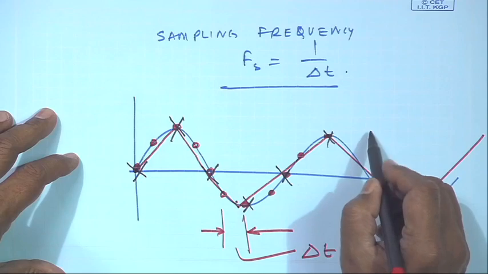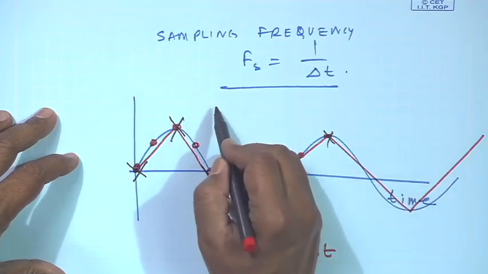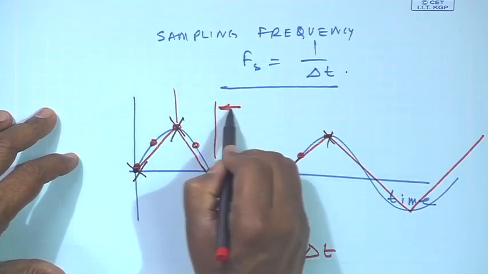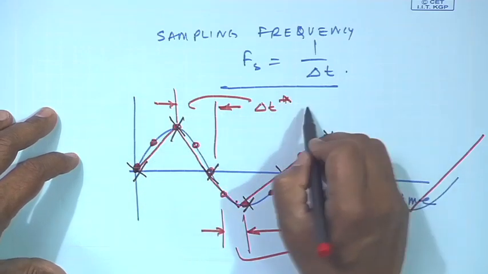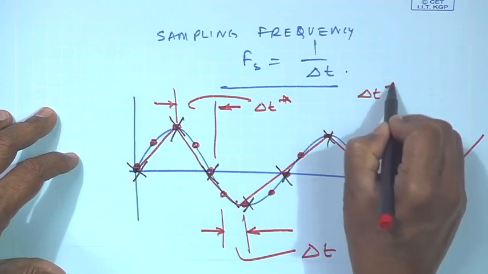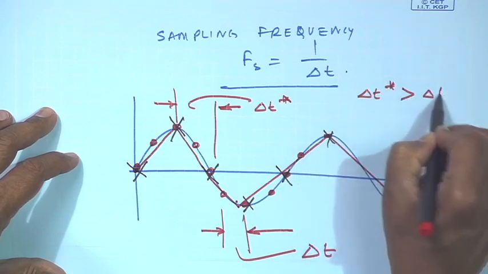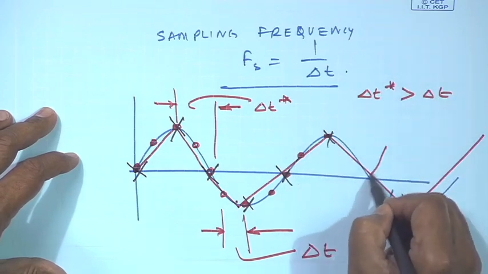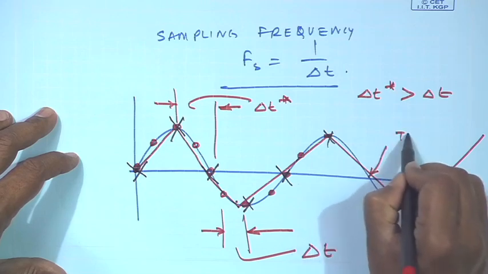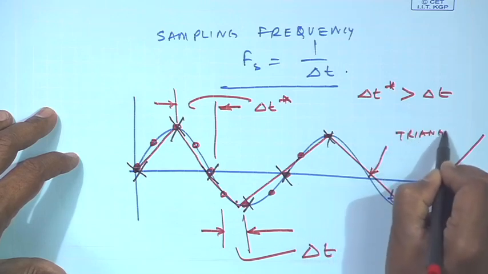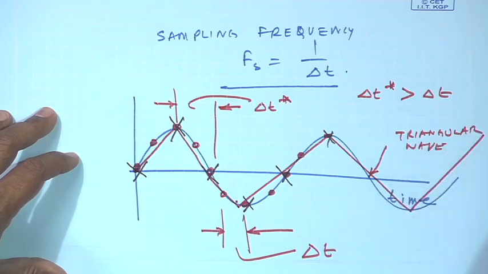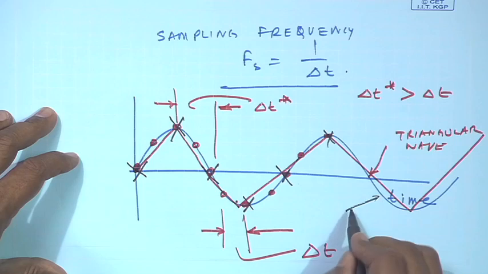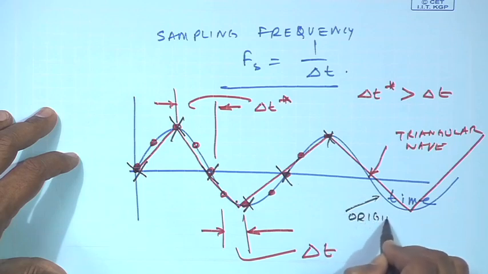And this is the new sampling interval, delta t star, where delta t star is greater than delta t. So, I have got a triangular wave, as opposed to the original sine wave.